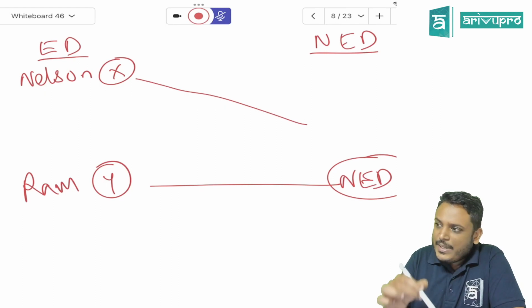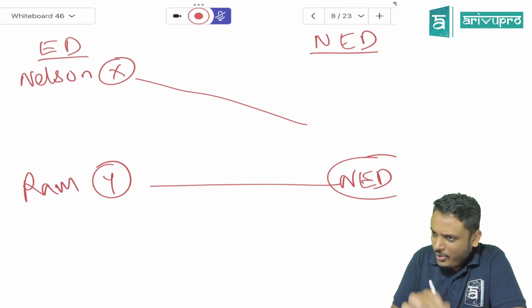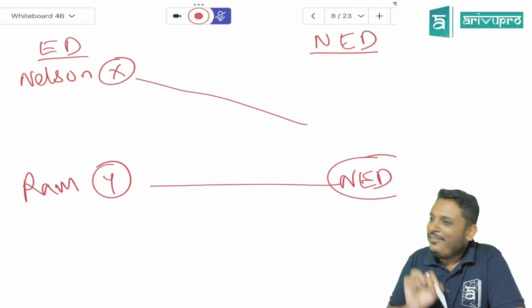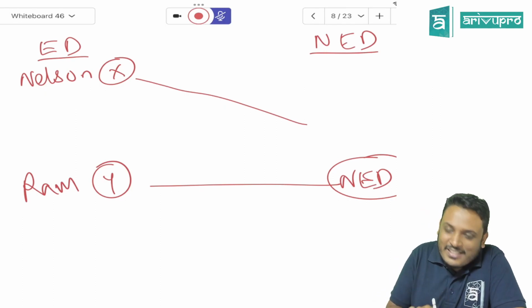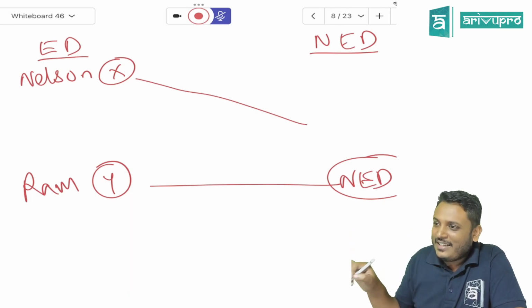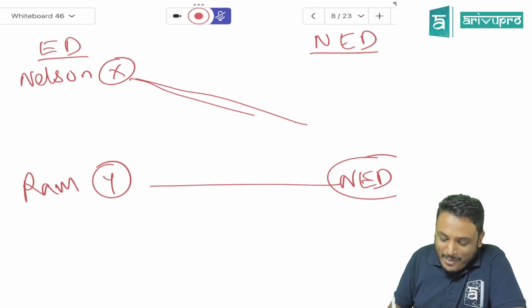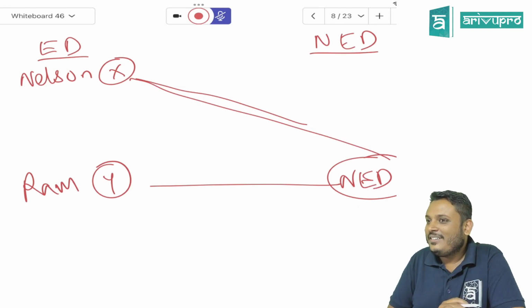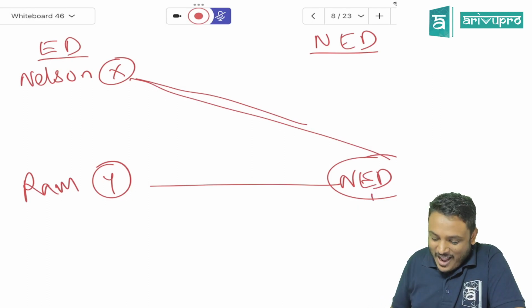Now Nelson is working as executive director in X, CEO in X. Ram is CEO in Y. Now X company CEO Nelson influences the nomination committee and recruits Ram as non-executive director. Understood? Now Ram is the chairman of X company.